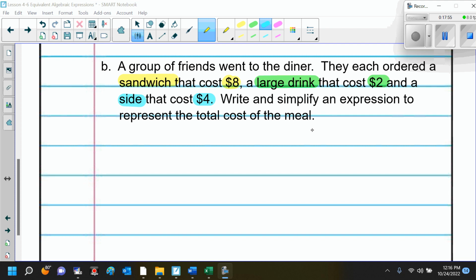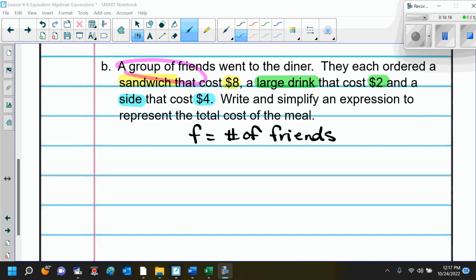Now, the first thing we need to do here after we have identified our important information is define our variable. What is it that we don't know? And that is how many friends are going. So we can use F for the number of friends. So F is equal to the number of friends.